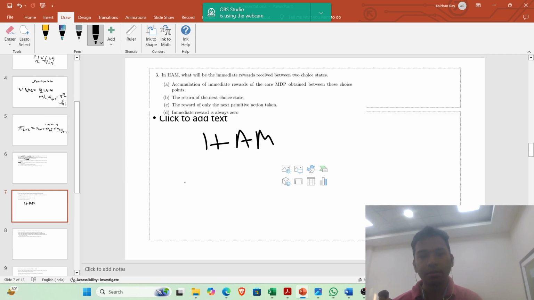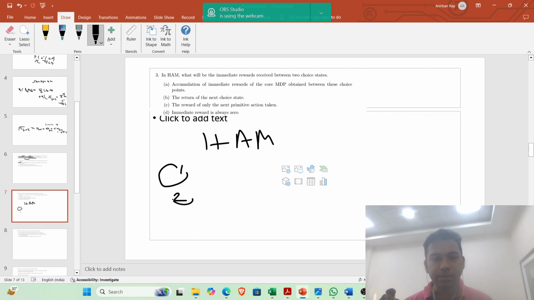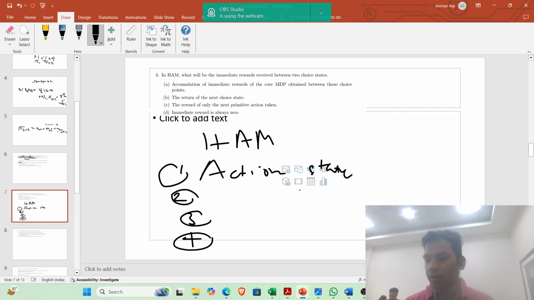The pioneering research into this was done by Parr and Russell. It comprises four main states. First is the action state, then the call state, the choice state, and the stop state.